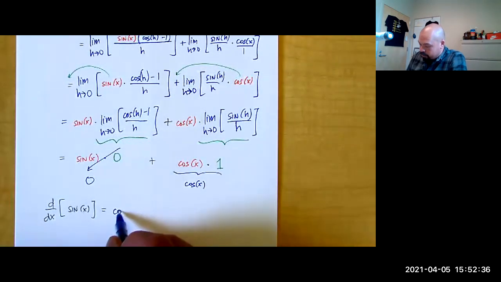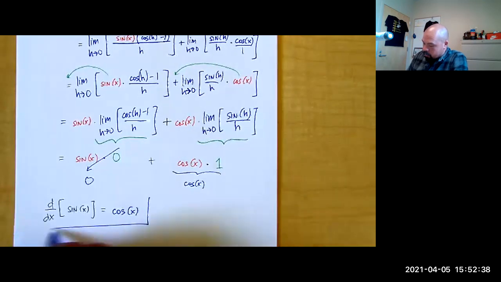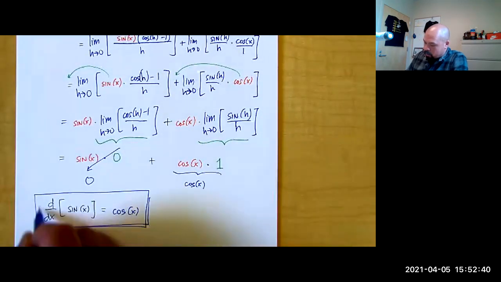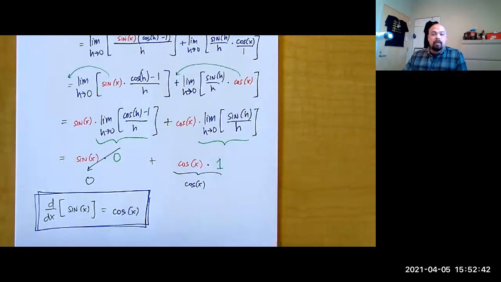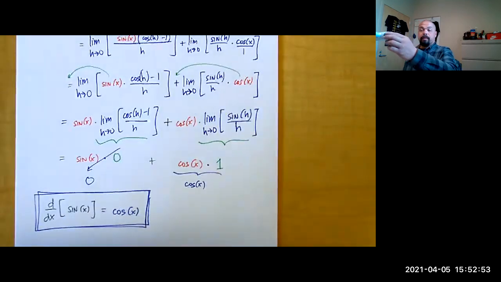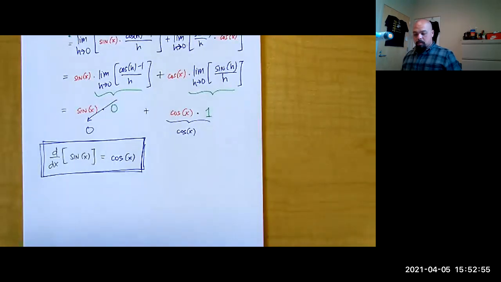So the derivative of the sine of x is cosine of x, it just does a switch. So now we can start to take those quick derivatives.